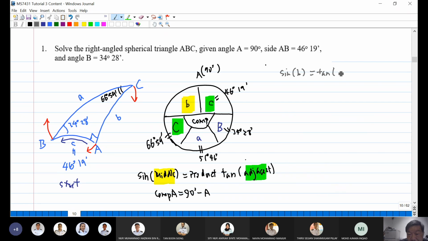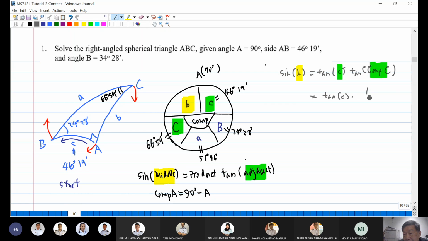One of them is tangent co-C, the other one is tangent B, angle C. So I have this co-C here, and then this tangent B here. So remember, this is tangent co-C now.